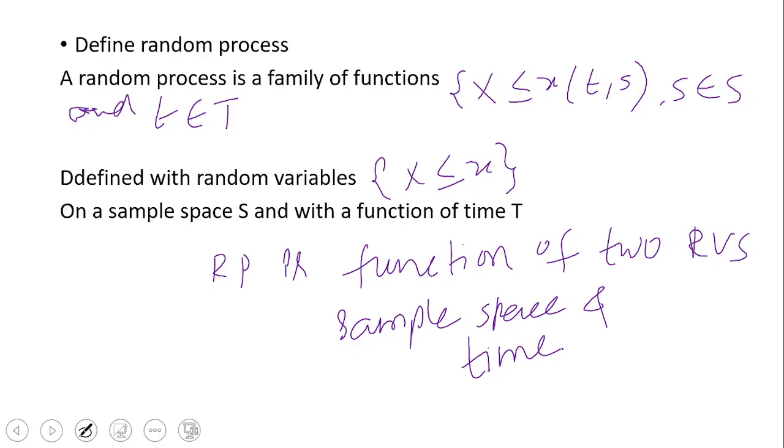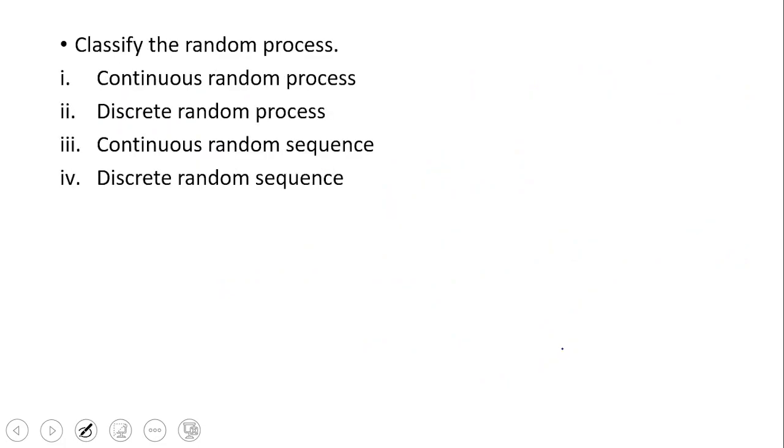So X is a random variable, and it is a function of t comma s, where small s belongs to capital S and small t belongs to capital T.